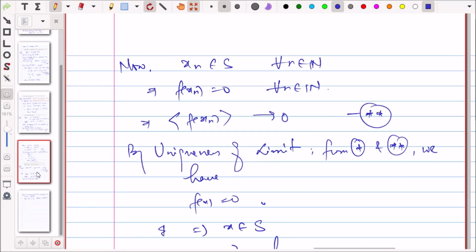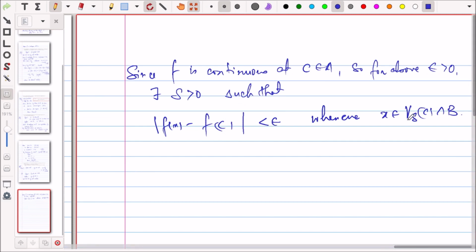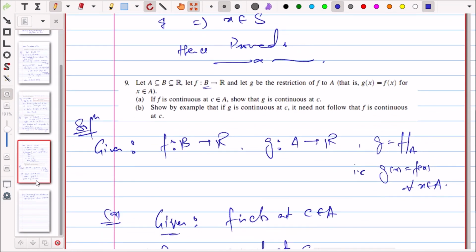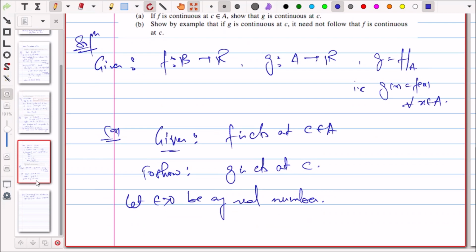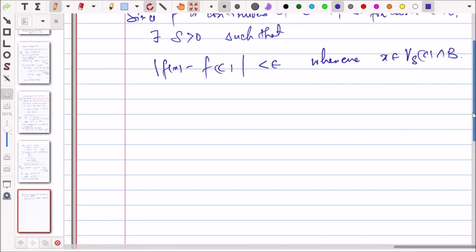Because the domain of F is B. And what we have to show? We have to show that |G(x) - G(c)| is less than epsilon whenever x belongs to V_delta(c) intersection A.